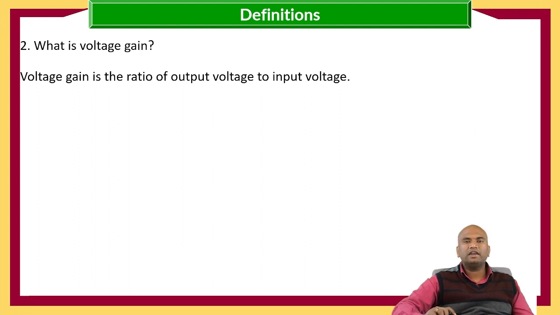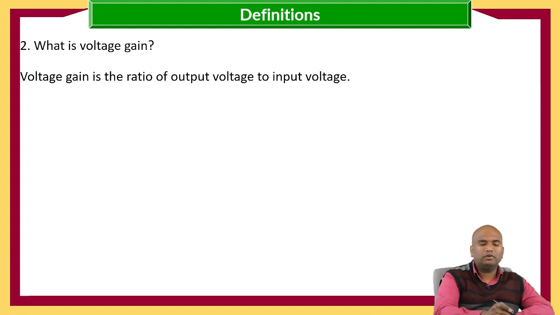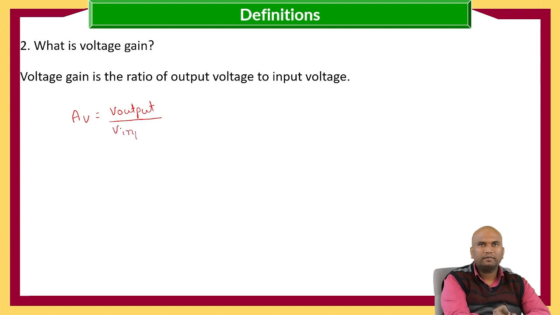So the voltage gain is the ratio of output voltage to the input voltage. Gain is represented with A. Voltage gain A equals V output divided by V input.